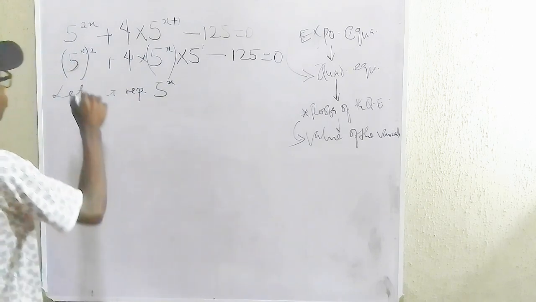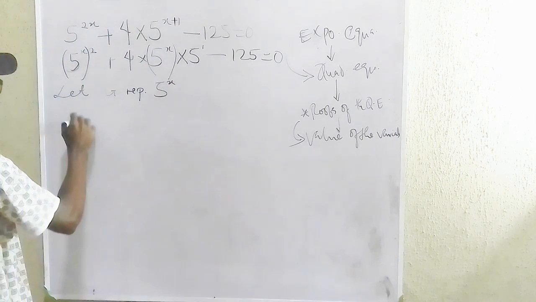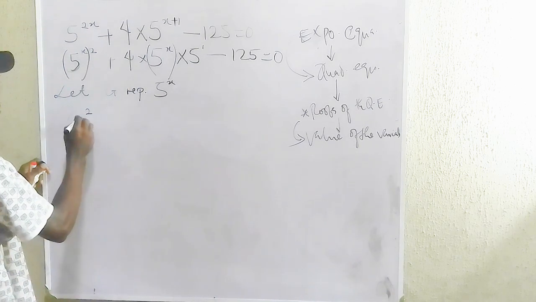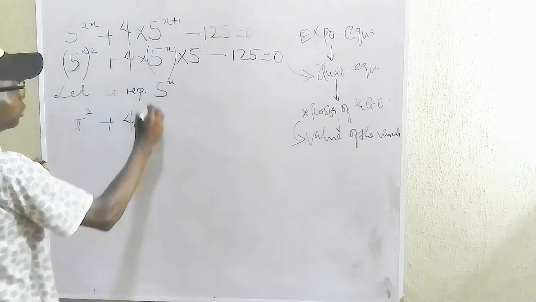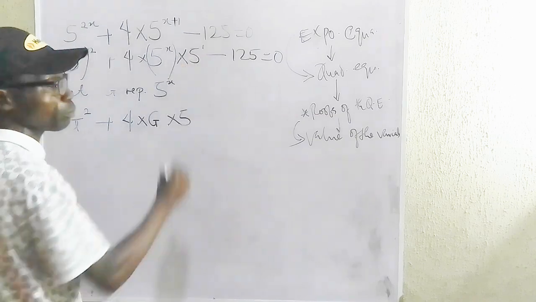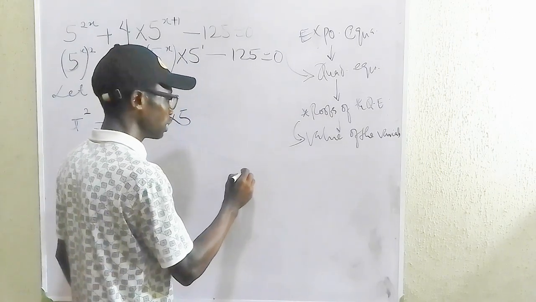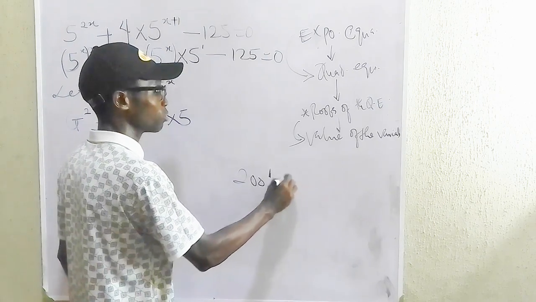Let's go. Wherever we see 5 raised to the power of x, we'll replace with G. So this is G, and remember, this one is still intact: raised to the power of 2, plus 4 times G times 5. Now 5 raised to the power of 1 is 5. Any number, even say 200, raised to the power of 1 is still 200.